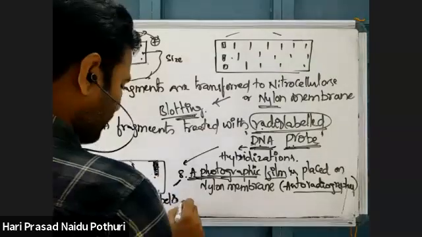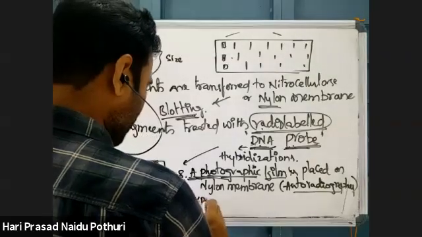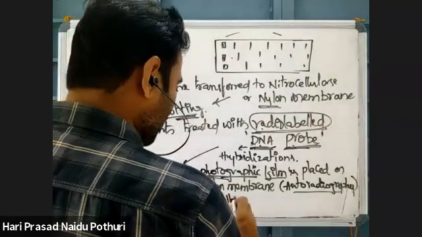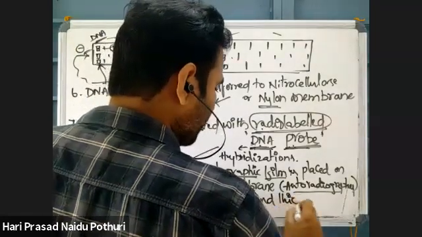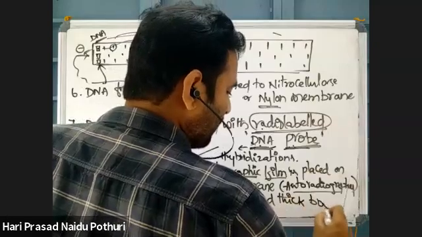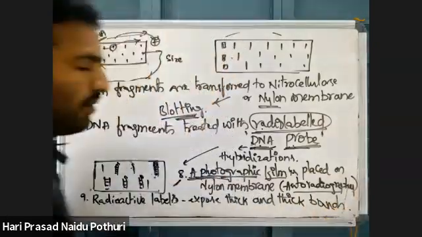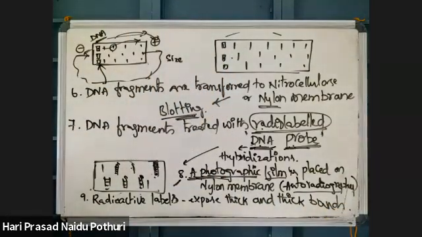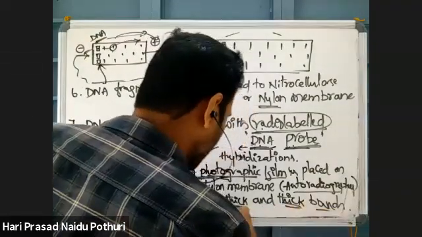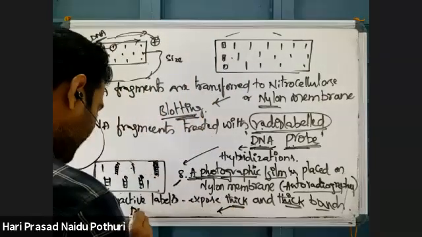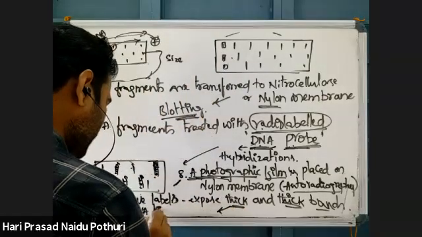That radioactive label will emit thin and thick bands. The thin and thick bands we can observe with the help of photographic film or autoradiography. So the thin and thick bands that we are developing are called DNA fingerprints.